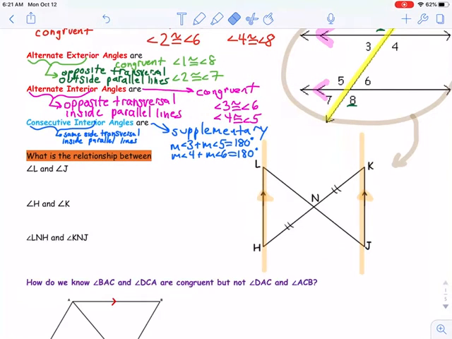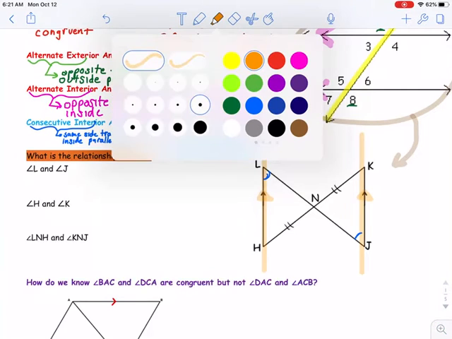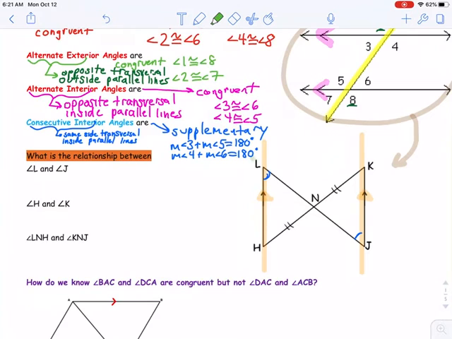Next, let's look at angle L and angle J. What's the relationship? Well, this line connecting them, let's make it a transversal. Now let me see something. I'm going to try something. I'm not too sure if this is going to work.